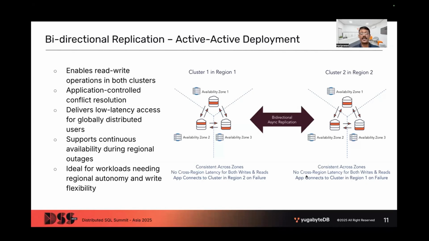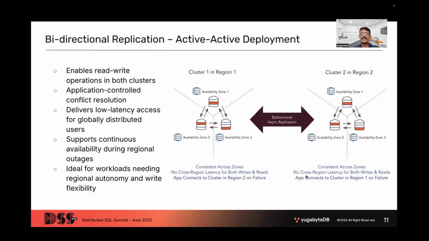Bidirectional replication. In contrast to the xClusterDR feature that we were looking into, bidirectional replication enables read-write operations in both the clusters, making it an active-active system suitable for globally distributed applications where users can perform both writes and reads to their closest region, thereby achieving low latency in terms of both writes and reads.